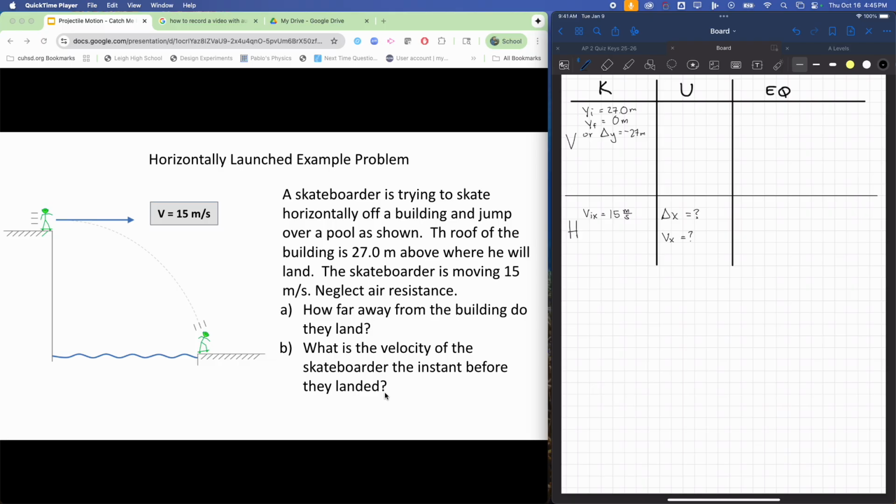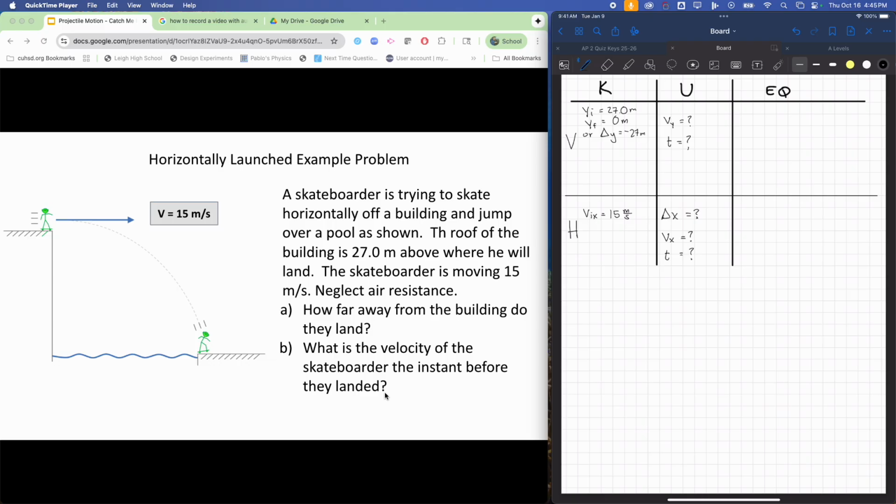We don't know what that is yet. Oh, we kind of do. And then there's a vertical component to the velocity. We also don't know the time that he spends moving through the air. And remember, the time that we find that he moves vertically is the same amount of time that he's moving horizontally.